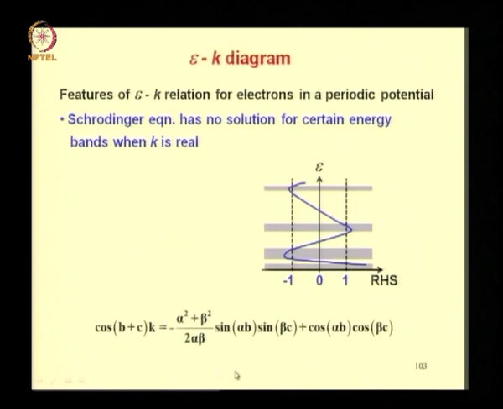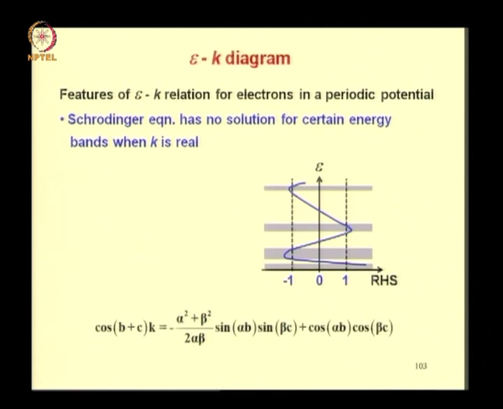The right hand side is a periodic function of energy, evidently because sine, cosine and so on, these are all periodic functions. Now what is important here to note is that the amplitude of this variation goes beyond 1, okay. So it goes below -1 and above +1.